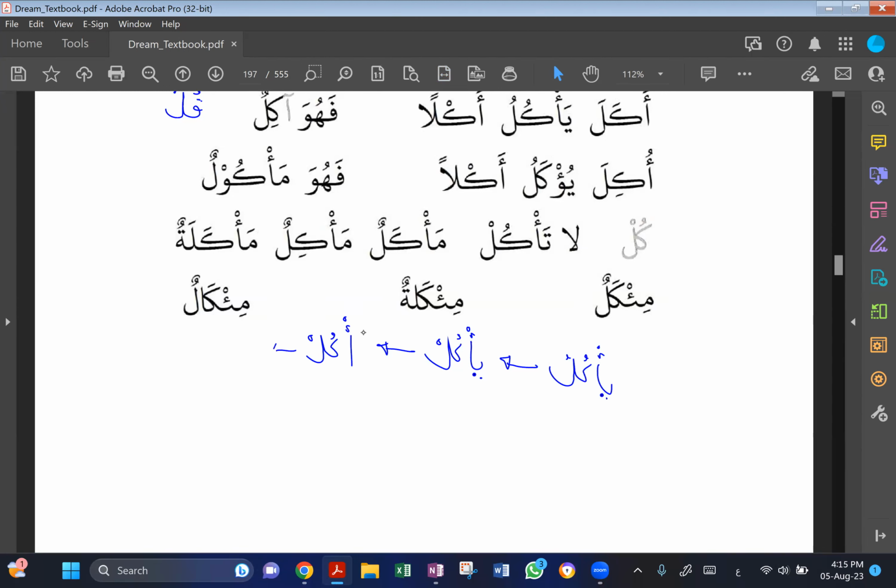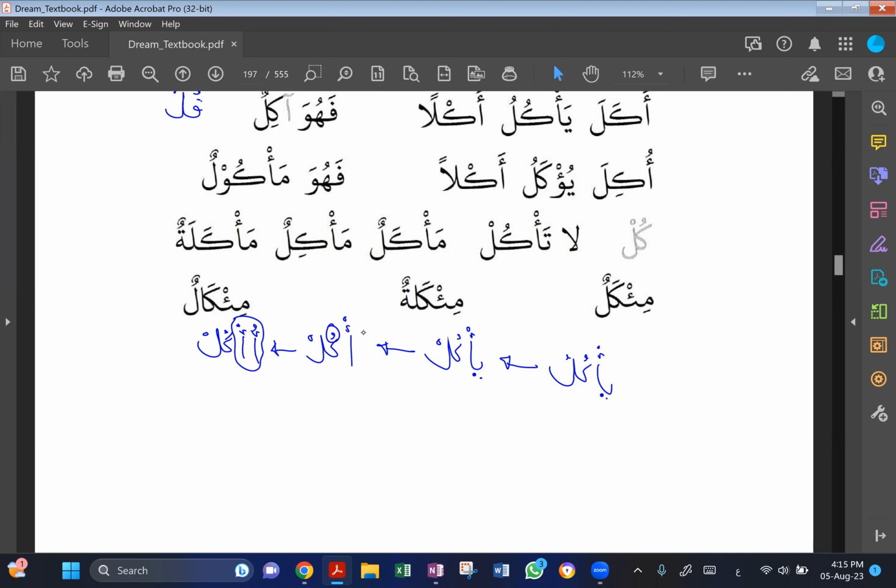So what you do, you bring another alif, a helper alif. And because the second letter has a dhamma, you're going to put a dhamma on it. Okay, so you're going to have that, and then a sukoon, and then that. Is that clear? So you brought in an alif, a helper alif, and then you have another hamza there. So now you have this situation here. What does that sound like? This will become ukul. Yeah. I don't know if that two hamzas exists. I don't think they just decided, get rid of the alif.